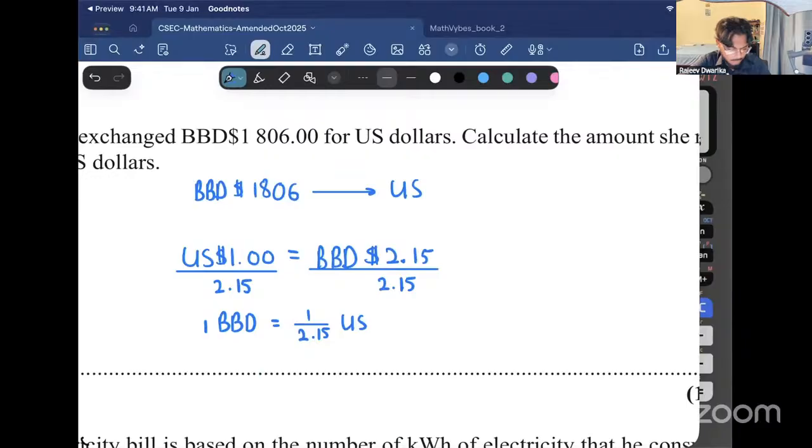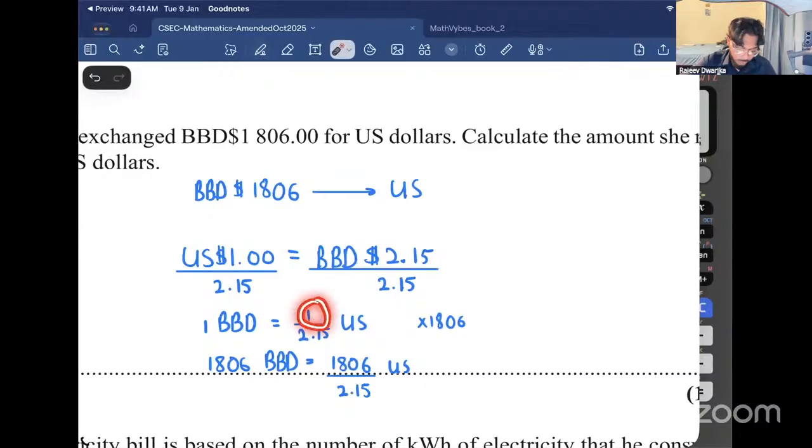So I would multiply both sides by 1806. And by doing that, 1 by 1806 is 1806, and then we multiply 1806 by 1 over 2.15, which is just going to end up being 1806 over 2.15. And if you're confused by that, what's 1 by 1806?